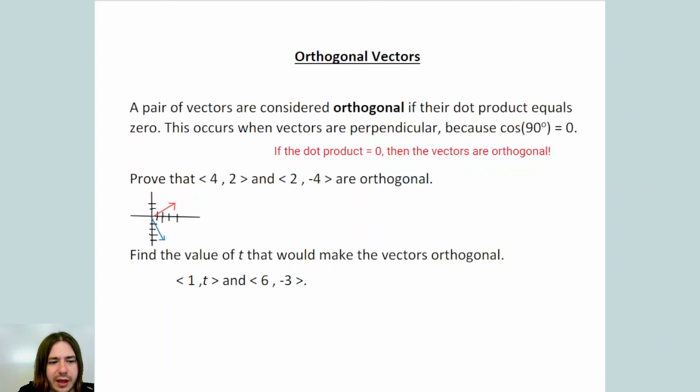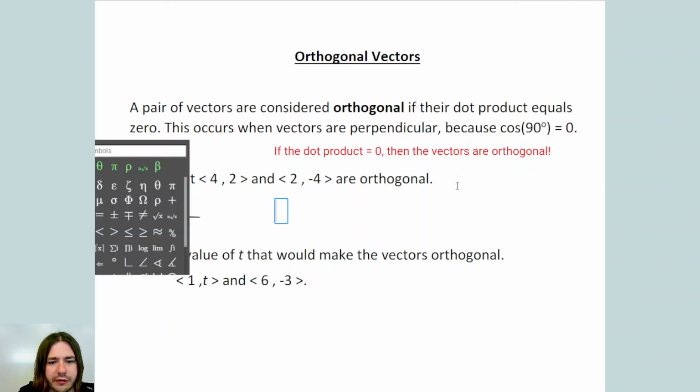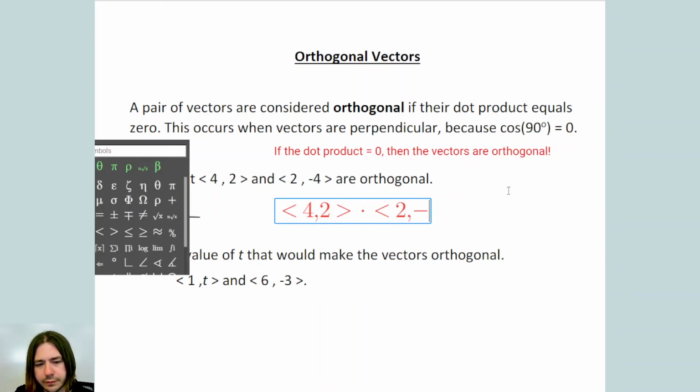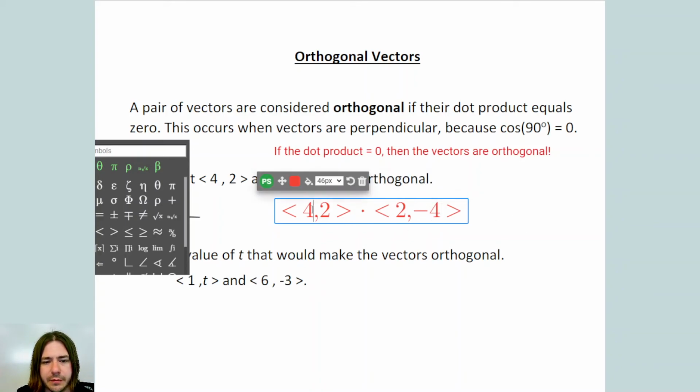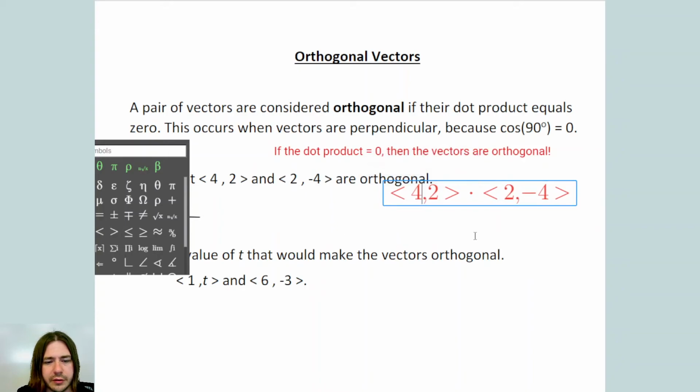So as long as we can show that, then we're good to go here. So here I've got 4, 2, dot 2, -4. And I want to show that this dot product is 0, and that will prove that they're orthogonal.